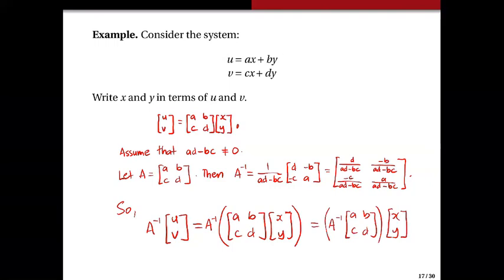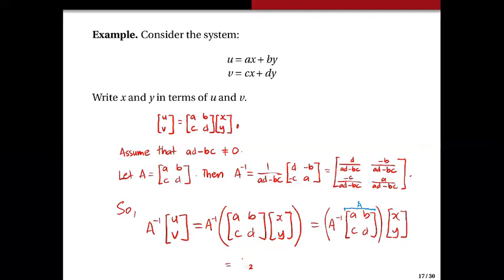But then again, this guy here is your matrix A, and you have the inverse of A times A. You should get the identity there. So this will be equal to the 2 by 2 identity matrix.